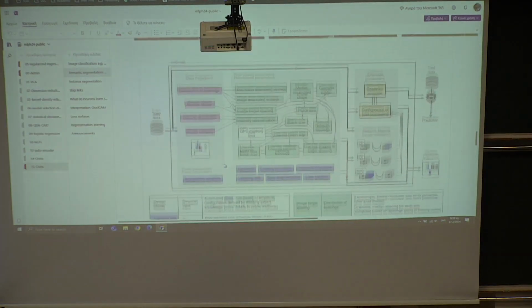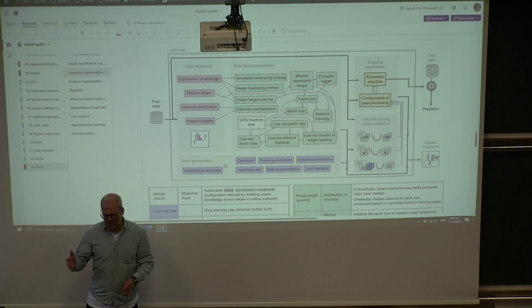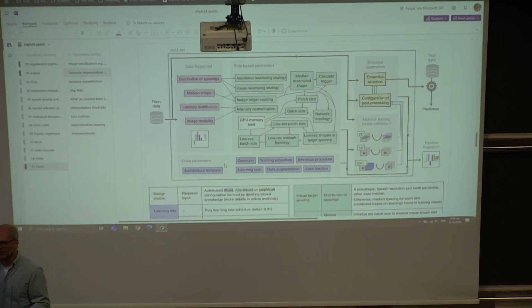And what nnU-Net does is a lot of hard-coded pre-processing, and that has been sufficient to earn the number one spot on around 30 different benchmarks from the biomedical domain.